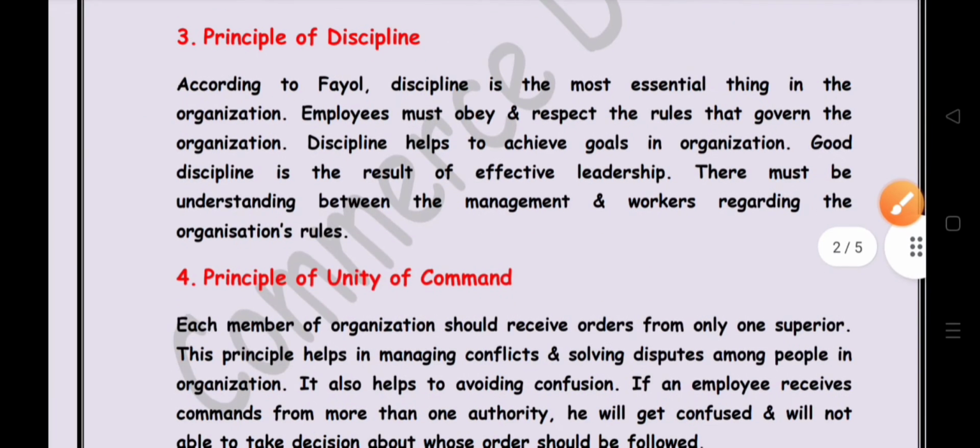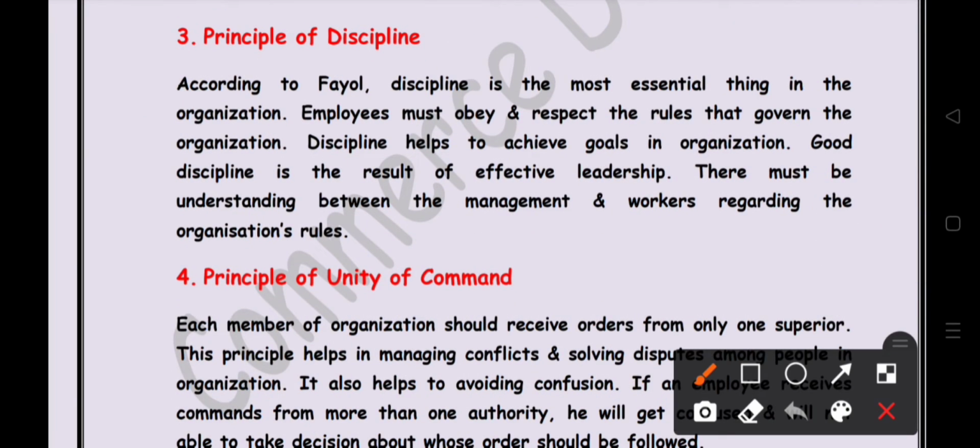Then the next principle is the principle of discipline. As the name suggests, we can understand what is given in this principle. According to Fayol, discipline is the most essential thing in the organization. Employees must obey and respect the rules that govern the organization. Discipline helps to achieve the goals of the organization.